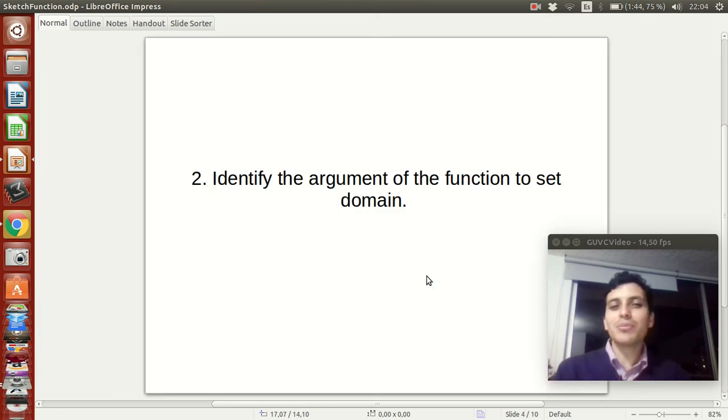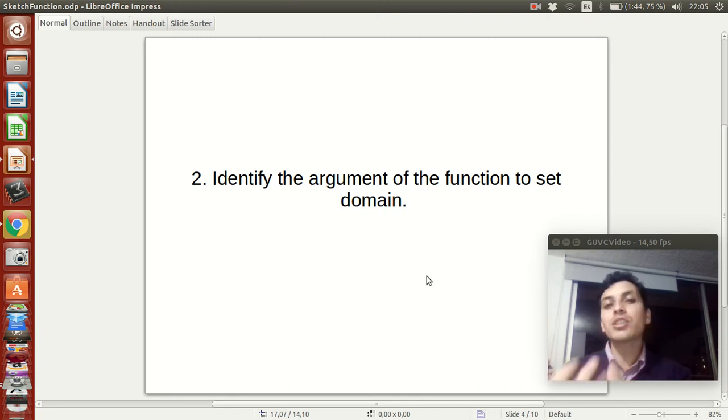The second key, to me, is very important because many students didn't take it into account and they start having problems. It is to identify the argument of the function to set the domain. Is to know what is the argument of a function. Sometimes you don't need to know the argument, you just need to know the equation.